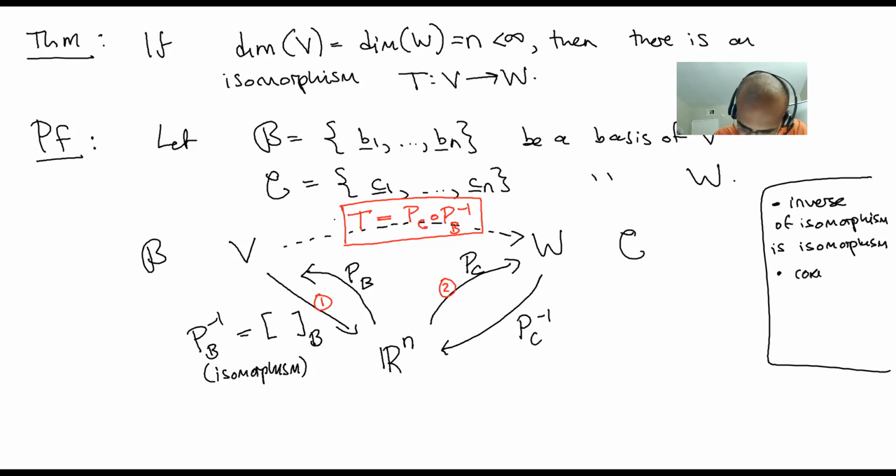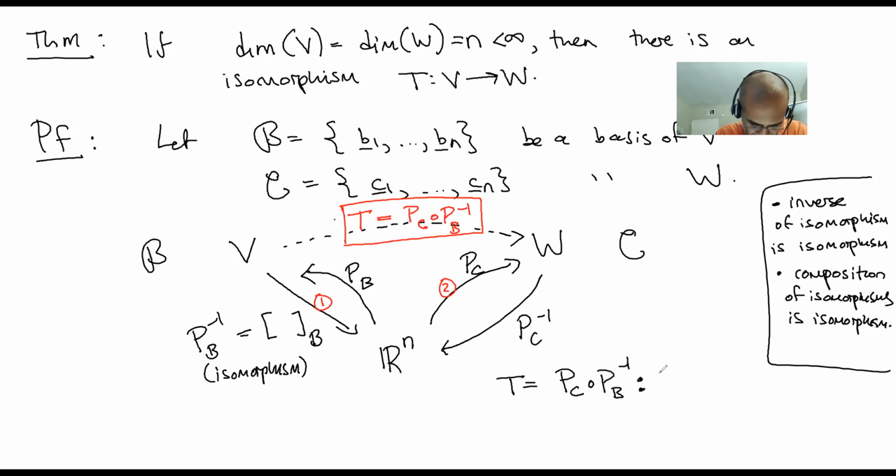So composition of isomorphisms is an isomorphism. And that's it. That T is an isomorphism. So T equals PC of PB inverse. This goes from V to W via Rn, and it is an isomorphism from V to W.